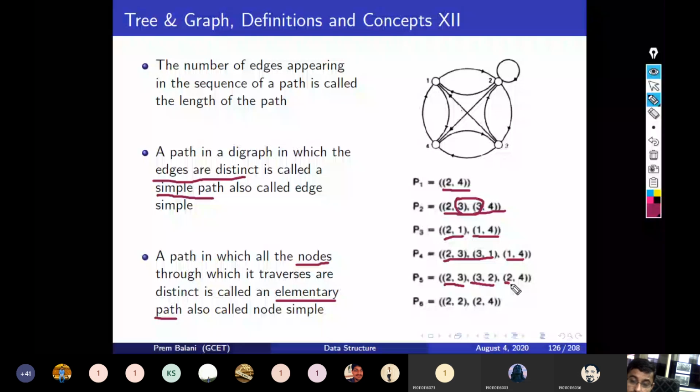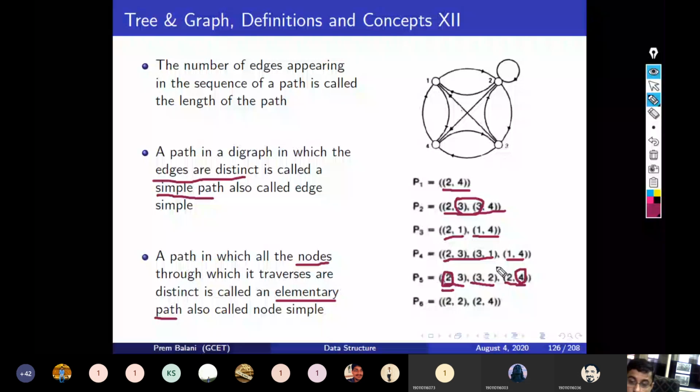So this 2 is getting repeated 2 times. The path is originating from node 2, and to reach node 4, this path is visiting node 2 two times: first at the initialization of the path and another in the middle of the path.